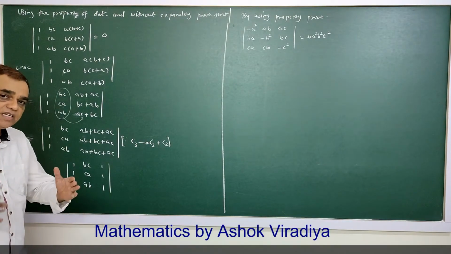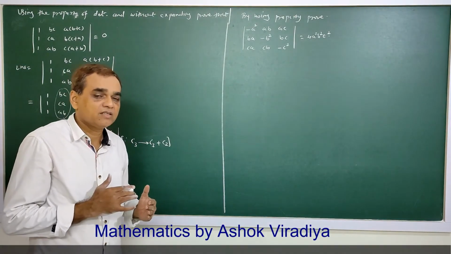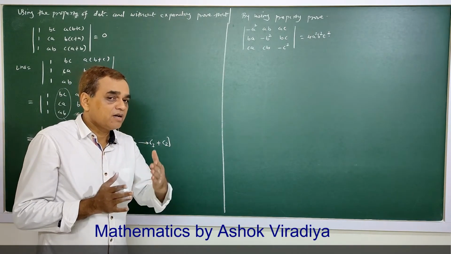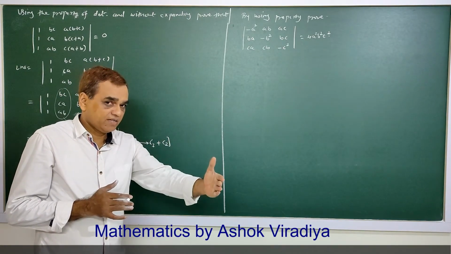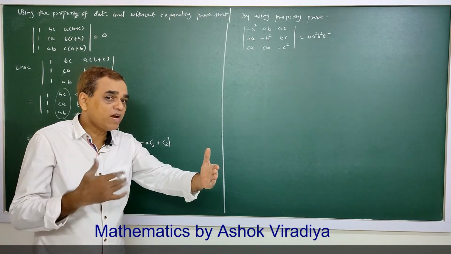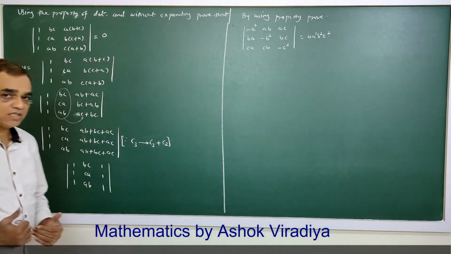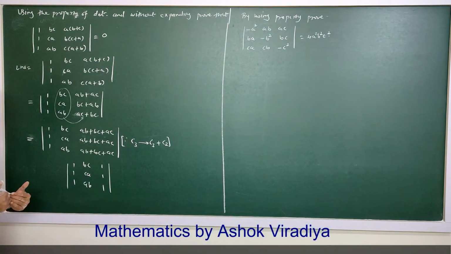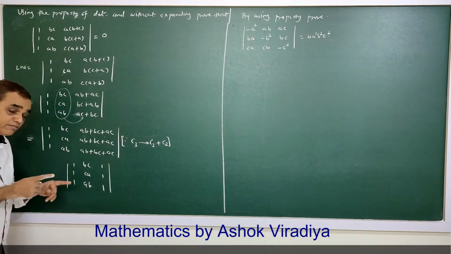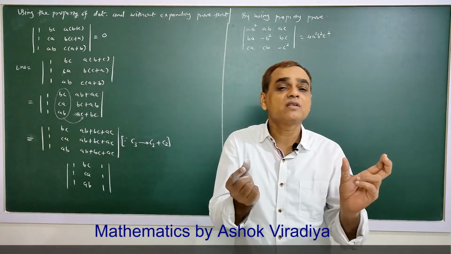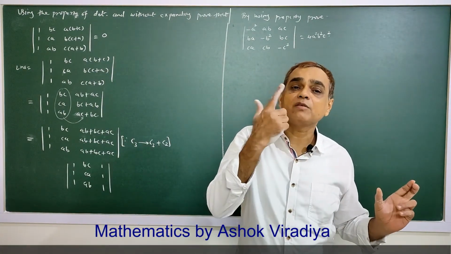Now, as we discussed in property, if any determinant is multiplied by k, then its value becomes k times the given determinant.